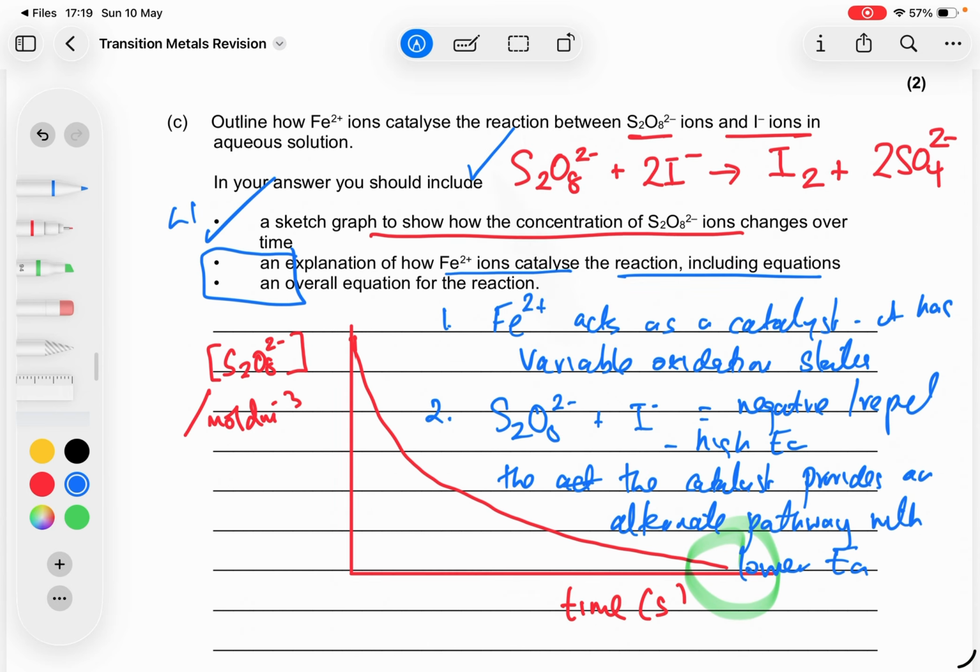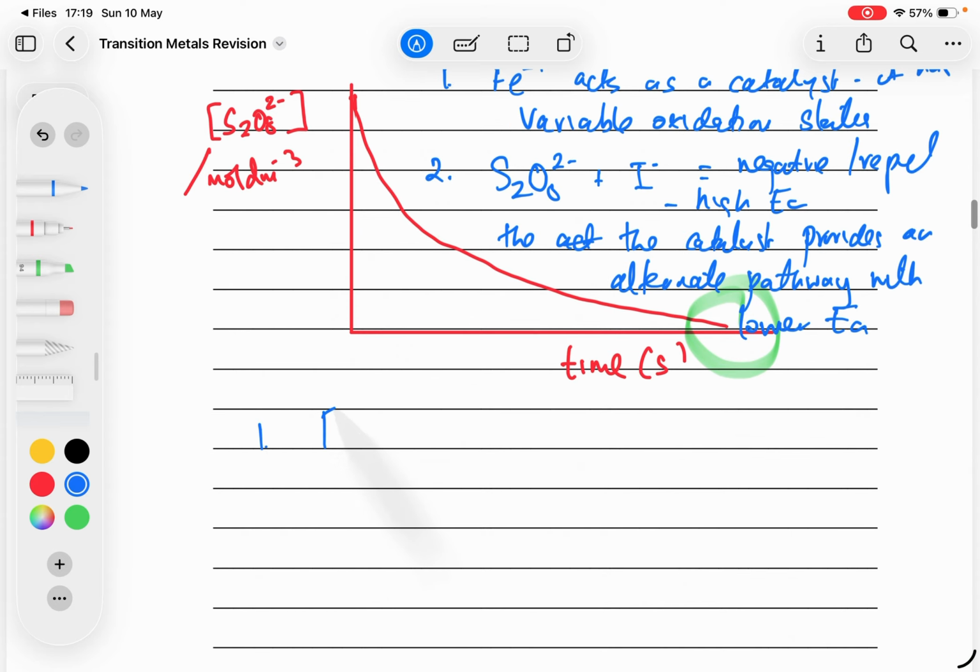Now we can do both of these two together. Well, the overall equation we've done there anyway. Now how does it catalyze? In the first place, Fe2 plus attracts or reacts with S2O8 2 minus because a positive species is attracted to a negative species.